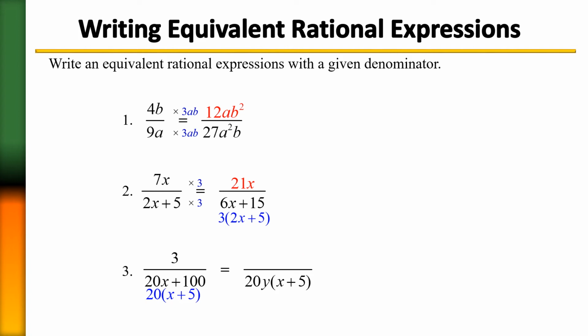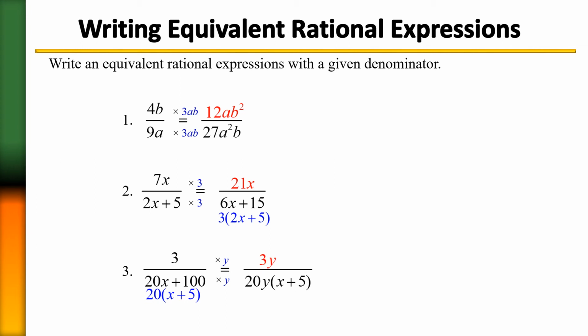So you have everything here except the only thing you're missing from that LCD, that denominator that you want. You're just missing the y. So multiply the top and the bottom by y. And that's going to give you a missing number of 3y. And there you have it.